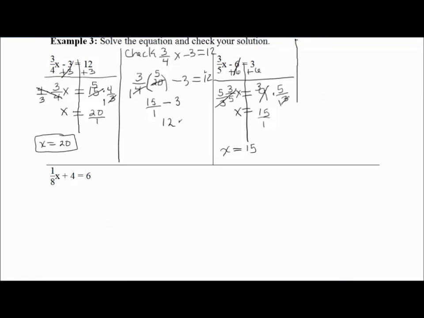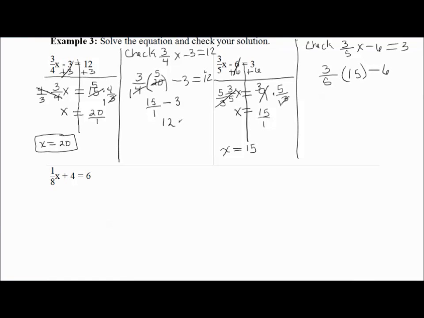Once again, I want to check my solution. The original equation was 3/5 x minus 6 equals 3. I replace the x with 15 because that's what I say the solution should be.